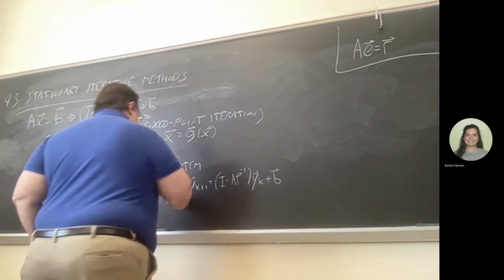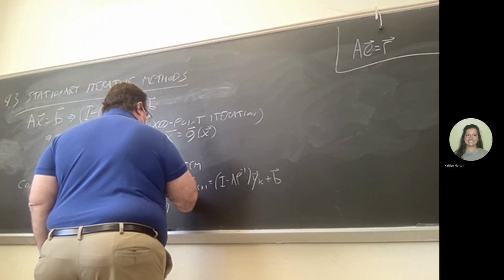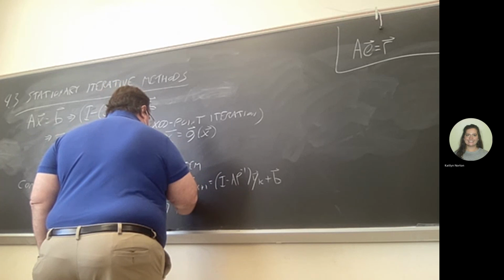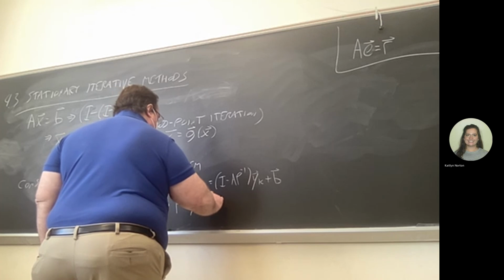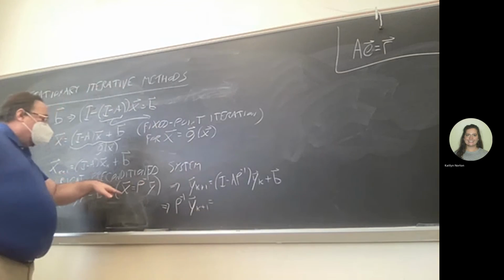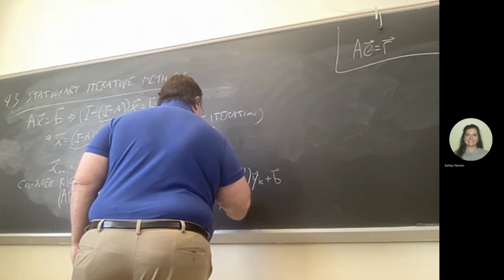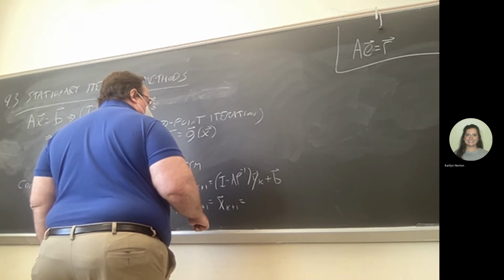So I'm going to multiply both sides on the left by P inverse, because P inverse y would be x. So this would be x k plus 1.